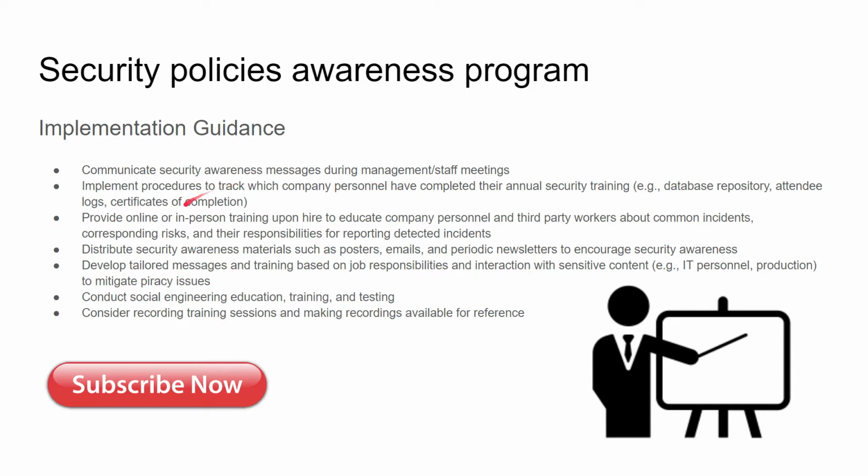And you should consider recording a training session and making the recording available for future reference. That's actually a quite good initiative: whenever you run a training, you can make a video, and it will also give you a better understanding of who is attending that training. And in future you can go through it as a reference.